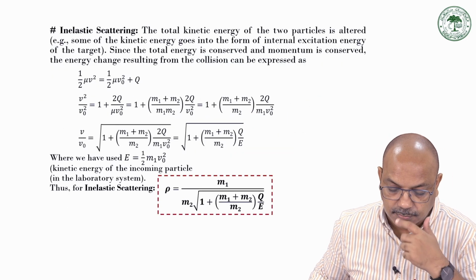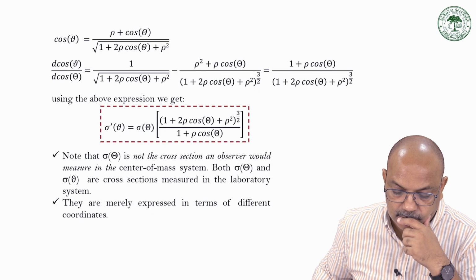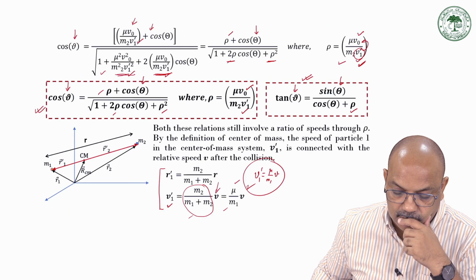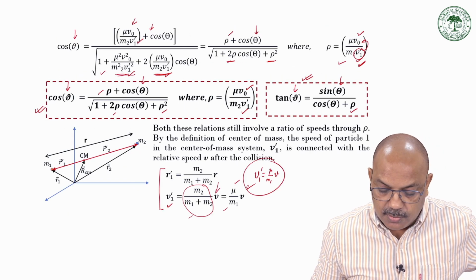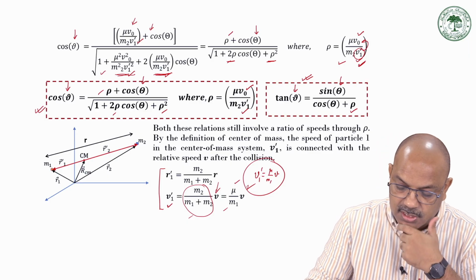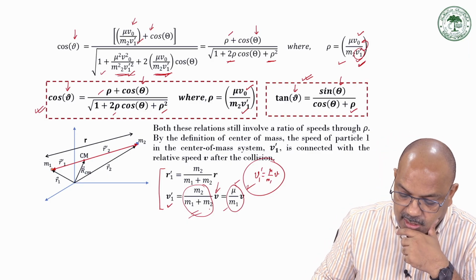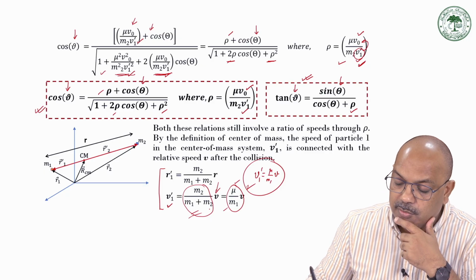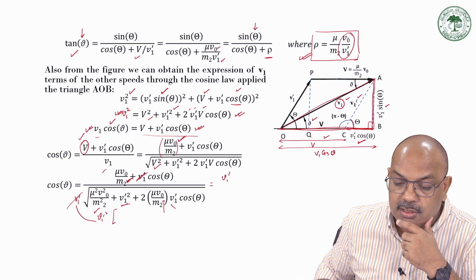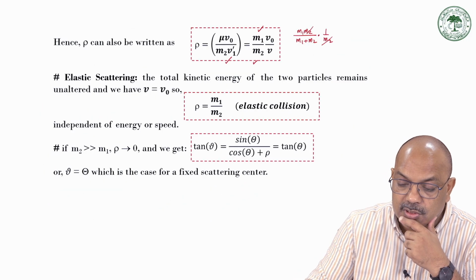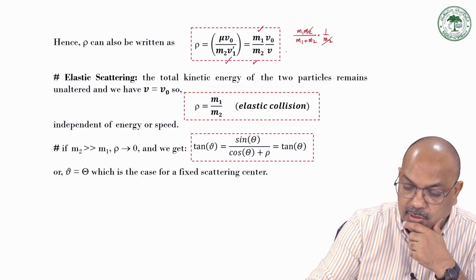The problem is that this is mu upon m1, so I'm not writing m1 upon m2 directly. The mu is already there, so this is the correction.